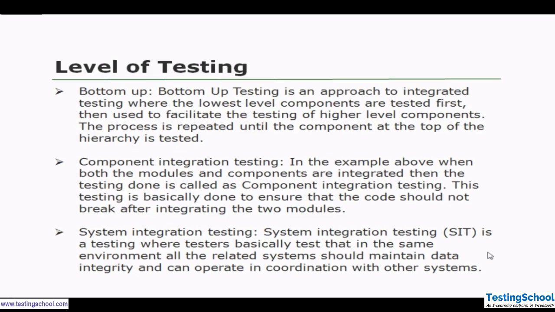So in system integration testing, as a tester, we test our application as one system. We test all the modules and all the features of the application, and we see if the data integrity is there.